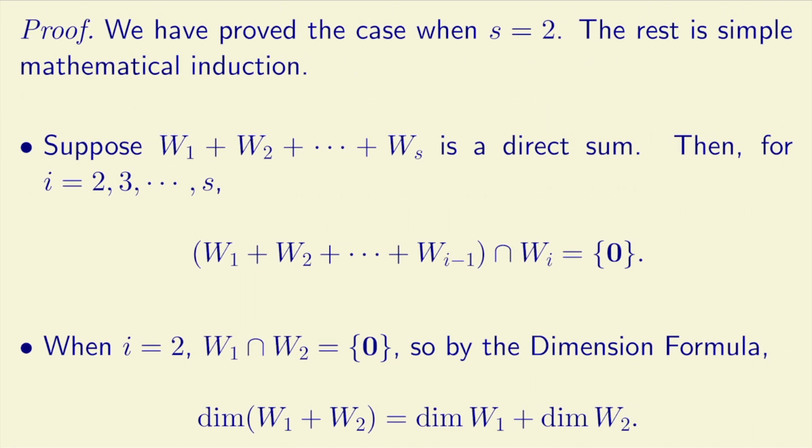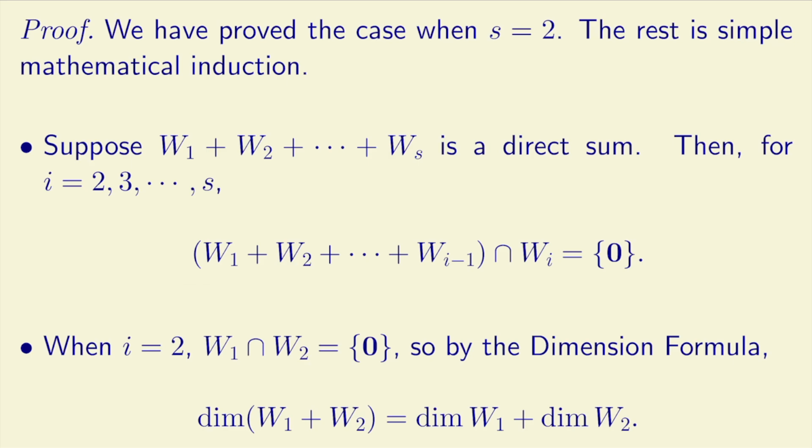We have just proved the case when S is equal to 2. The rest is a simple mathematical induction. So we will skip it, but we will prove the case when the equality holds. So suppose this sum is a direct sum. Then that means for each I from 2, 3 up to S, we have this.